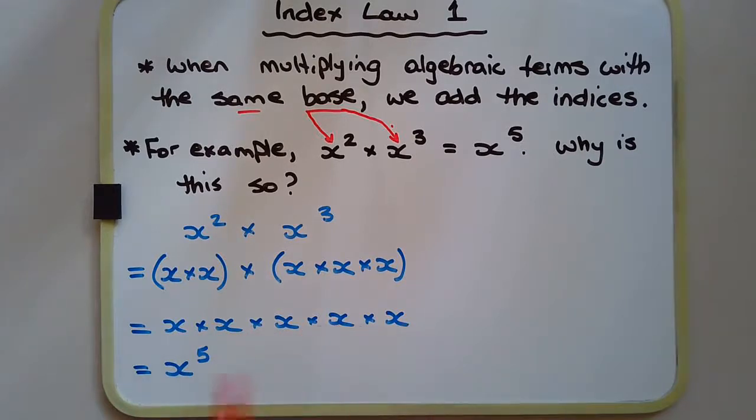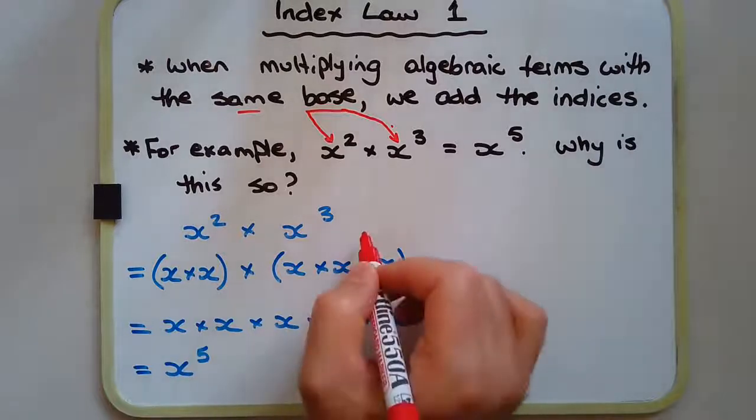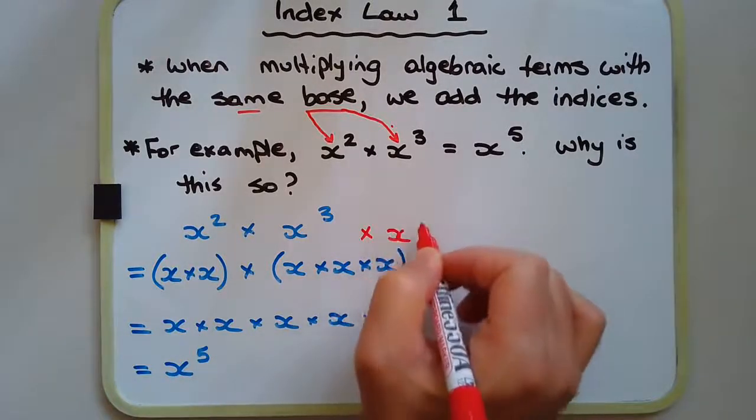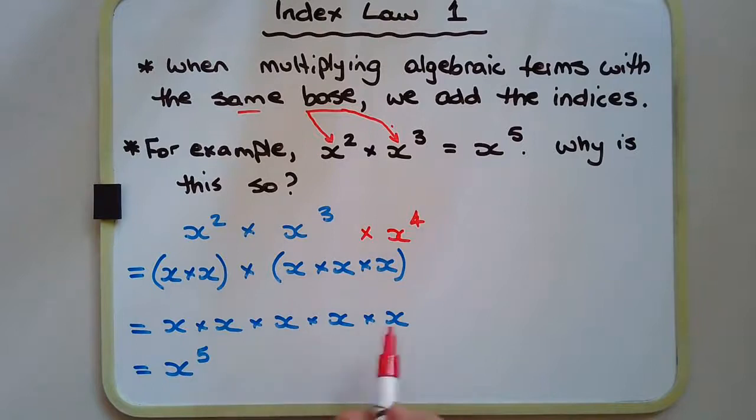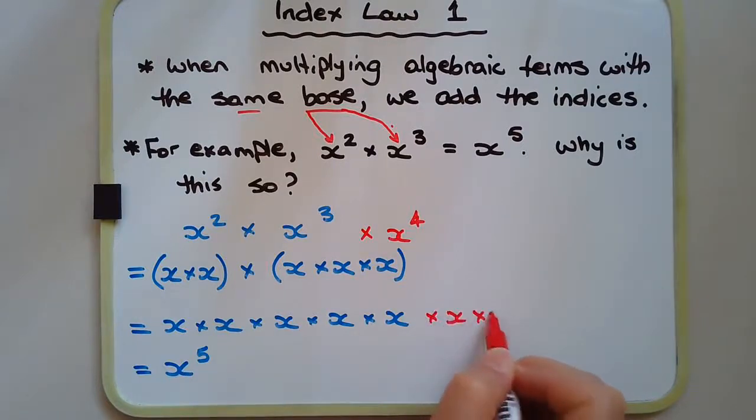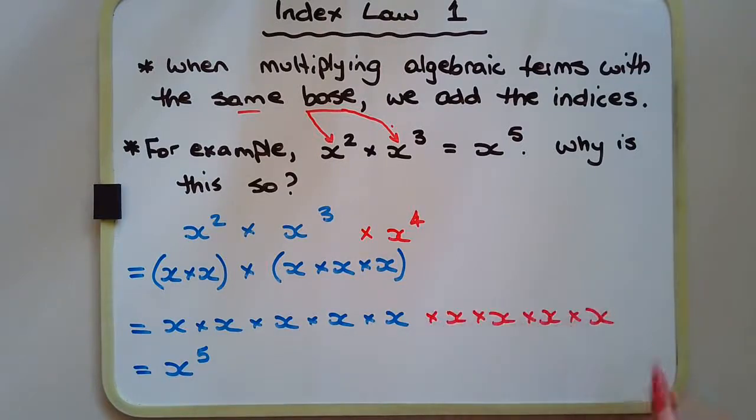There's 5 of them, so we could write it as x to the power of 5. Now this would work with anything. If I was to make that say x to the 4, that's just the same as adding on another 4 x's, and we would have x to the 9.